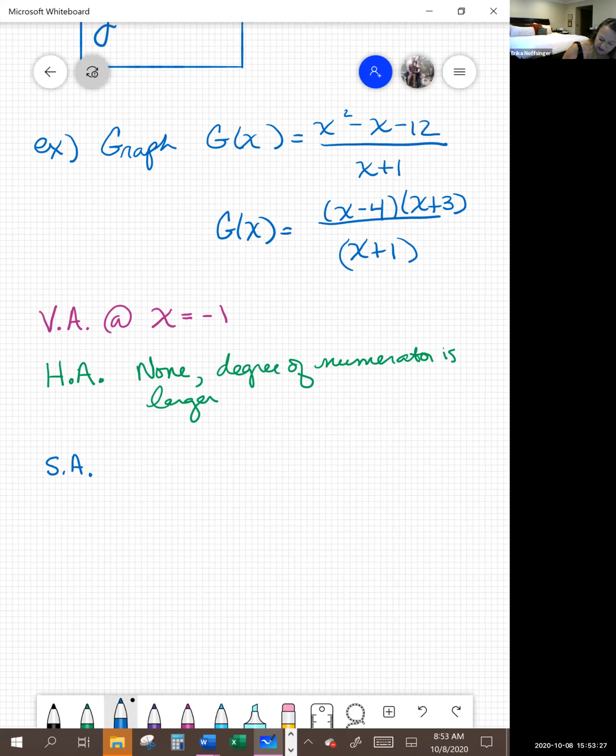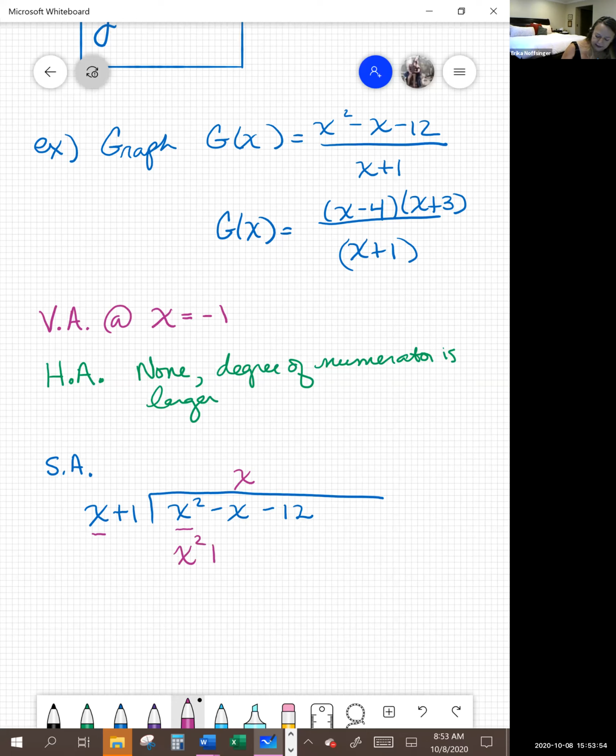So we're going to look at x plus 1 divided into x squared minus x minus 12. So x times what is x squared? That's just a single x. Distribute. We get x squared plus x.